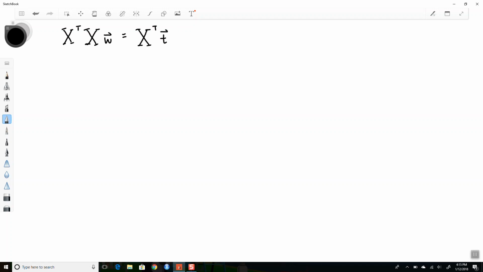And what we'll do is we will get rid of this thing on this side, and so we'll multiply both sides by the inverse of X transpose X. So you can't divide matrices, right? But you can multiply them by inverses. And so when you multiply a matrix by its inverse, it gives you 1, or the identity matrix, I should say.